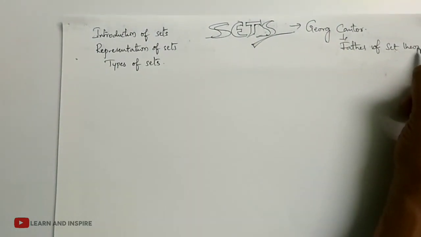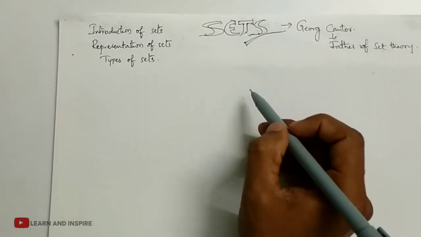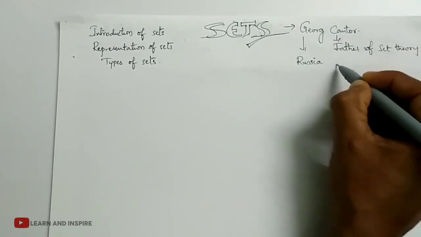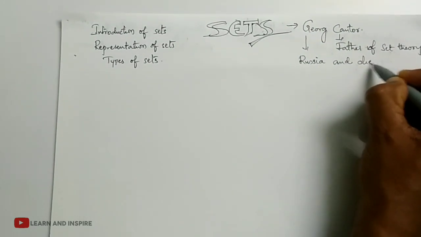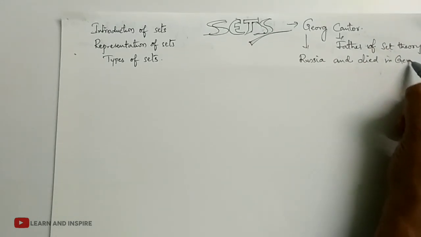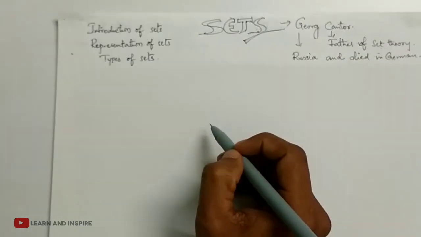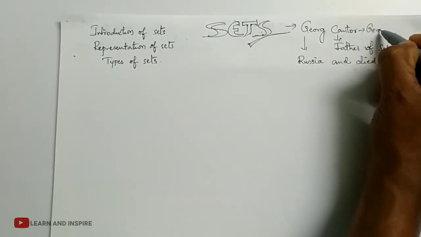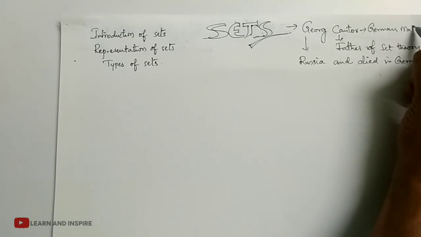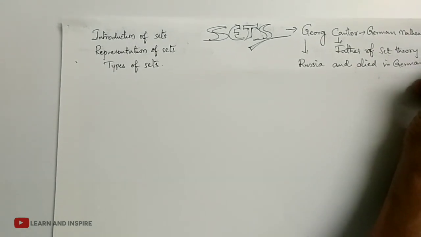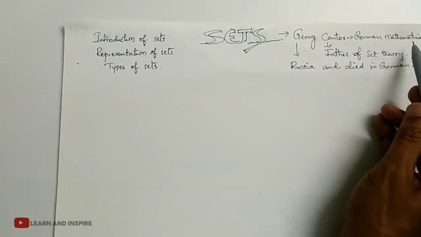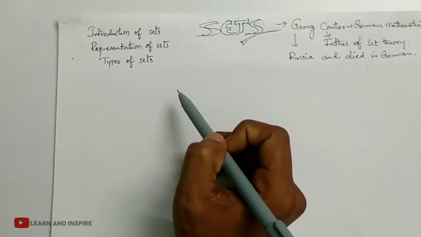He was born in Russia and died in Germany. So he is named as a German mathematician. He is the father of set theory.